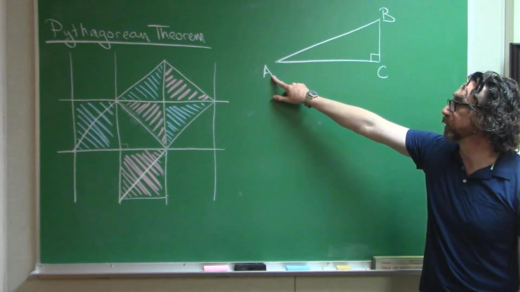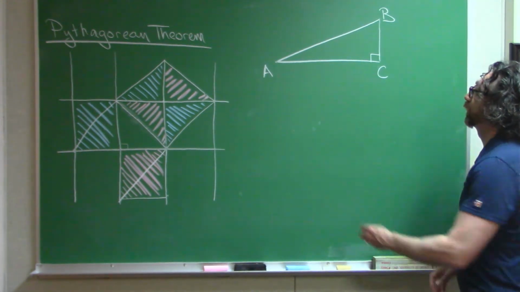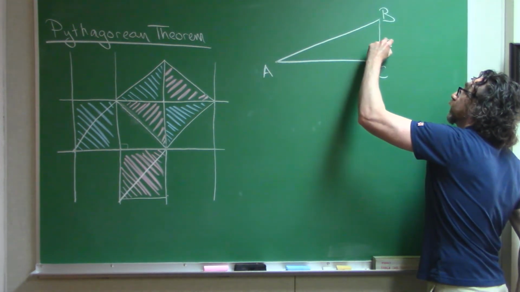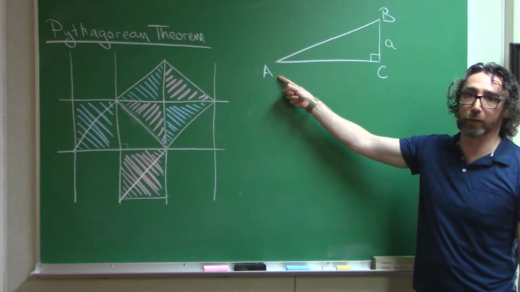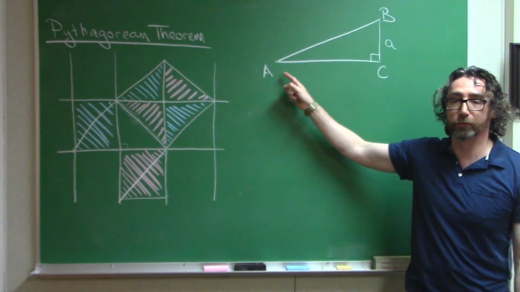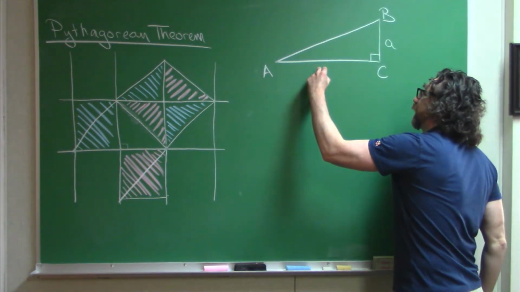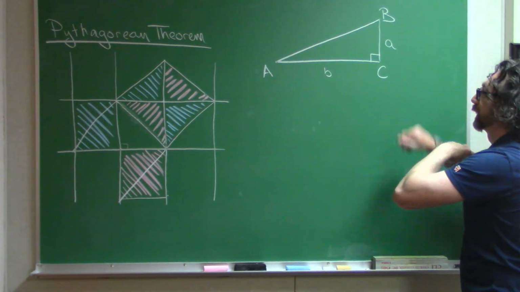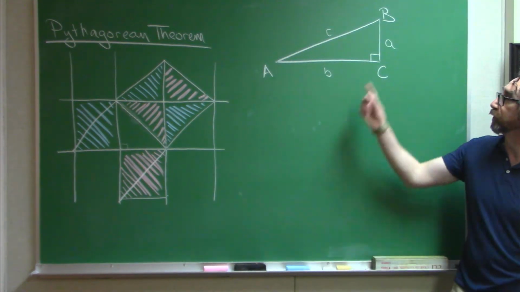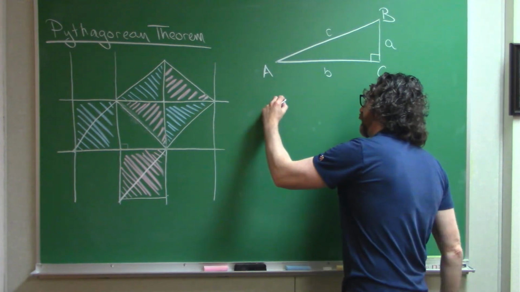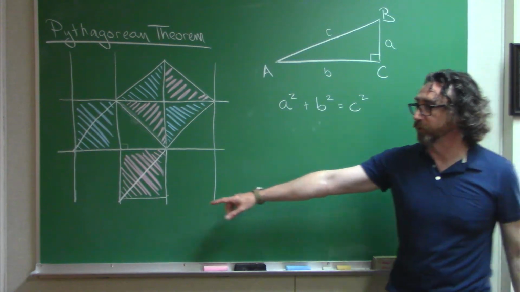So if I talk about capital A, I'm talking about angle A. The convention we'll follow is angle A opens up onto side A, so side little a is opposite angle A. Angles will have capital letters, side lengths will have lowercase letters. Angle B opens up onto side B, and angle C, in this case the 90-degree angle, opens up onto side C. So if I have a right triangle with side lengths a, b, and c, then a squared plus b squared equals c squared, generalizing what we saw right here.